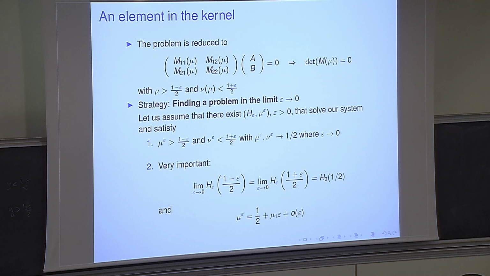Here, very important, I am going to assume that the limits when epsilon tends to 0 of the values of the function h epsilon at the point 1 minus epsilon over 2 and at the other point are equal. This is a strong assumption that I am making, but let's do it. And I also assume that mu epsilon is something like 1/2 plus mu 1 epsilon plus something that is little o of epsilon.